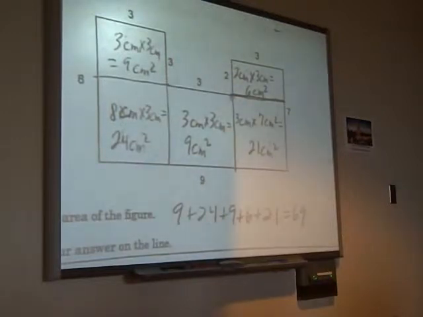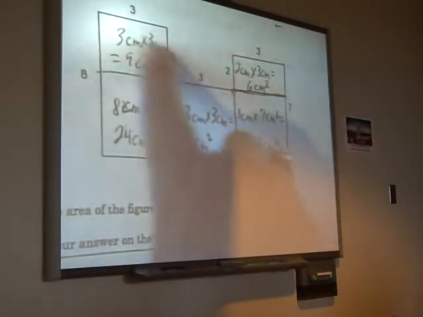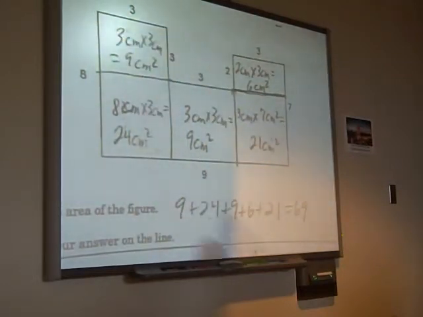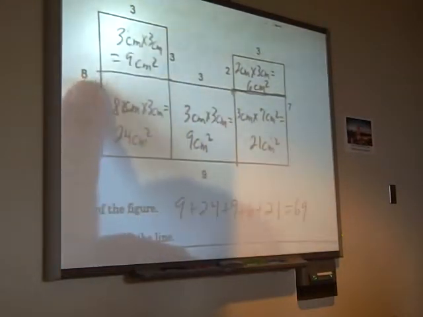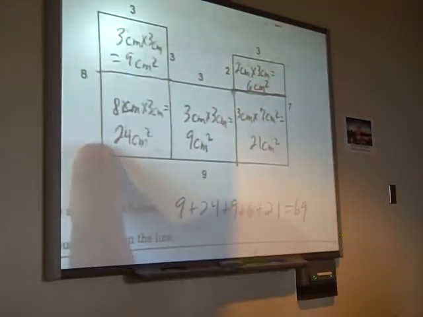Okay, and I know y'all are up here where you can see it better, but let's let other people answer too. So 3 times 3 for this section would be 9, and then they used 8 for this section times 3, which would be correct, but is the 8 correct?